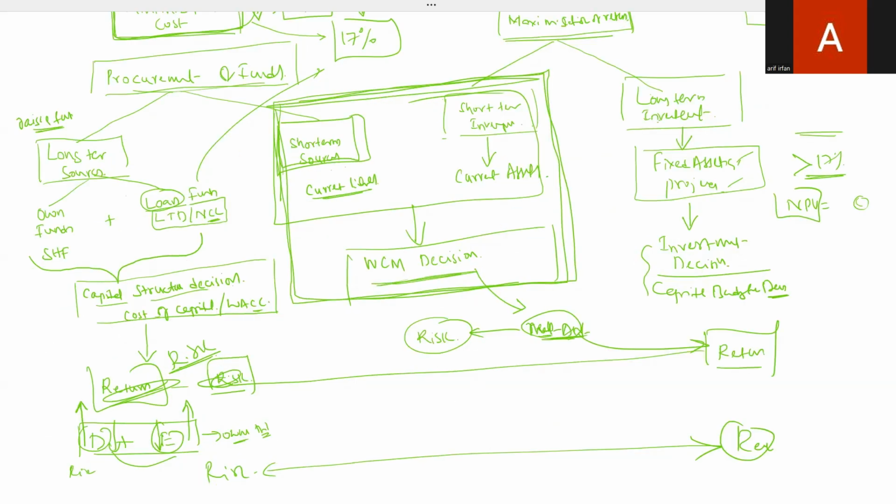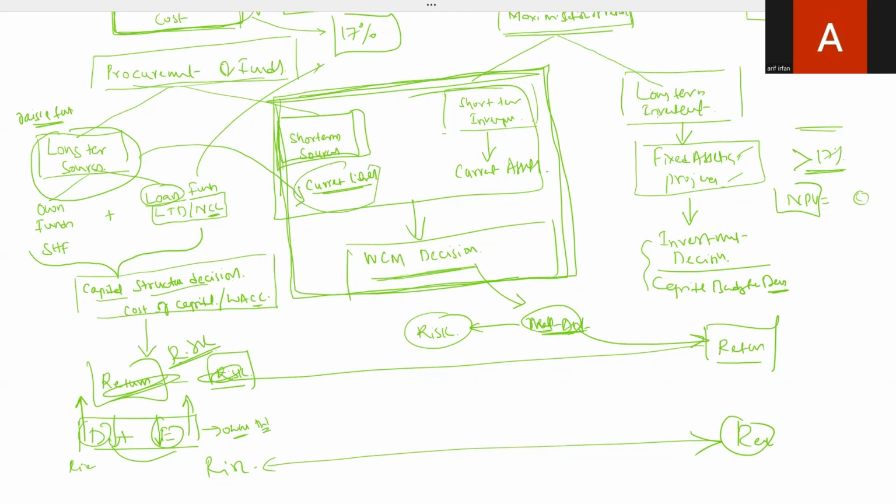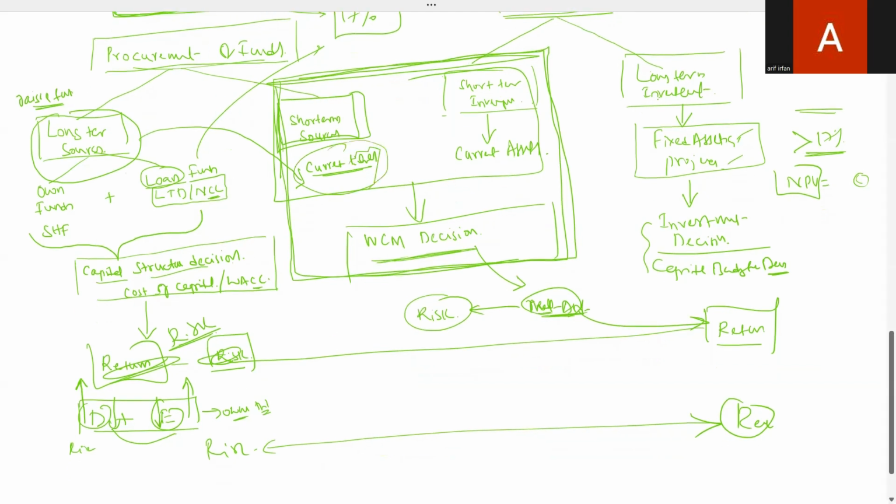How much portion of long-term funds are we using to employ the current assets or working capital, and how much of short-term funds, I mean current liabilities, are we employing to acquire the current assets, gross working capital in that case.